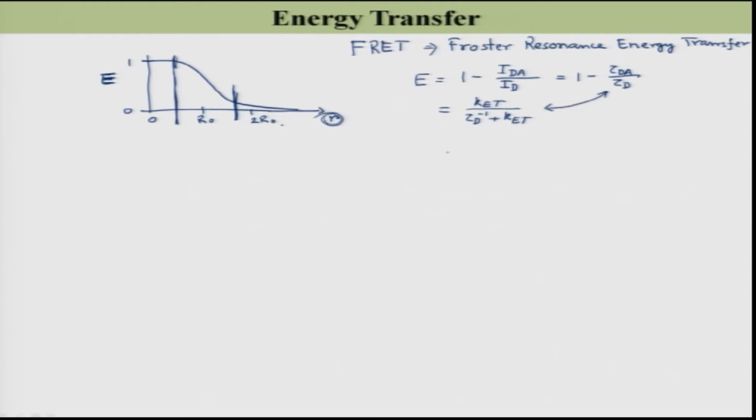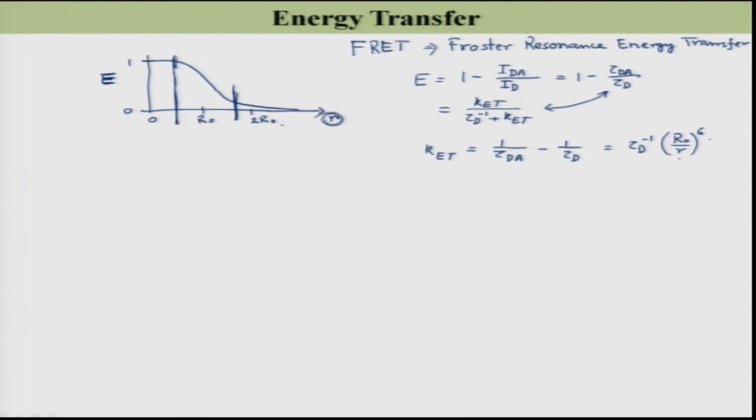If you do so, what you are going to get ultimately, after simplification, is k ET equal to 1 over tau DA minus 1 over tau D. Now, experimentally you measure this E, or experimentally you measure the lifetime of donor in presence of acceptor and lifetime of donor in absence of acceptor, and immediately you will get this value of k ET, and this value of k ET is nothing but tau D inverse times R 0 by R to the power 6, and from here you will be able to calculate what is this R, the distance between the donor and the acceptor.